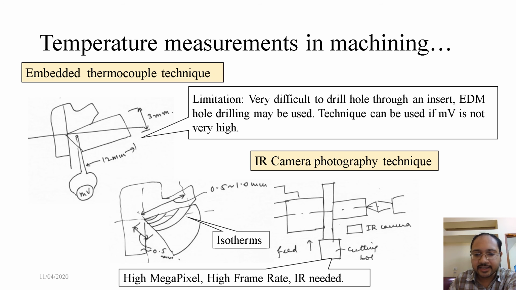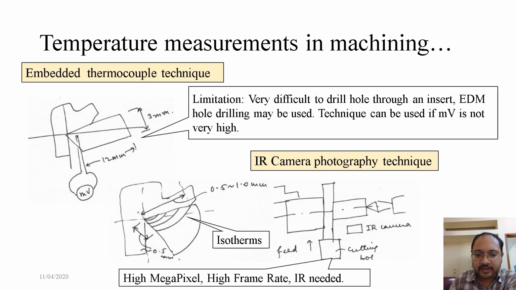The last technique is the IR camera photography technique, which you can see in the bottom right figure. A cutting tool is being fed in the transverse direction. There is an IR camera which has a high megapixel count and high frame rate.